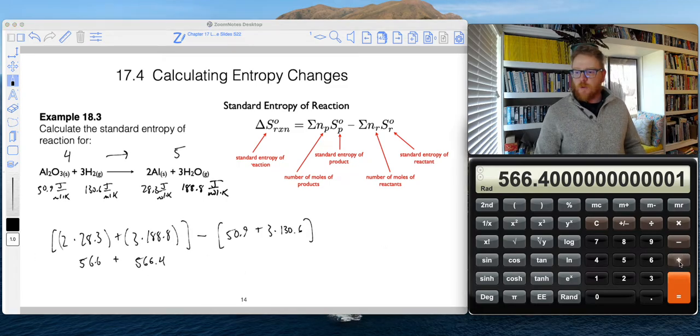And now let's just quickly add that to the 56.6. So that gives me 623. And that's technically just joule per Kelvin in my units.